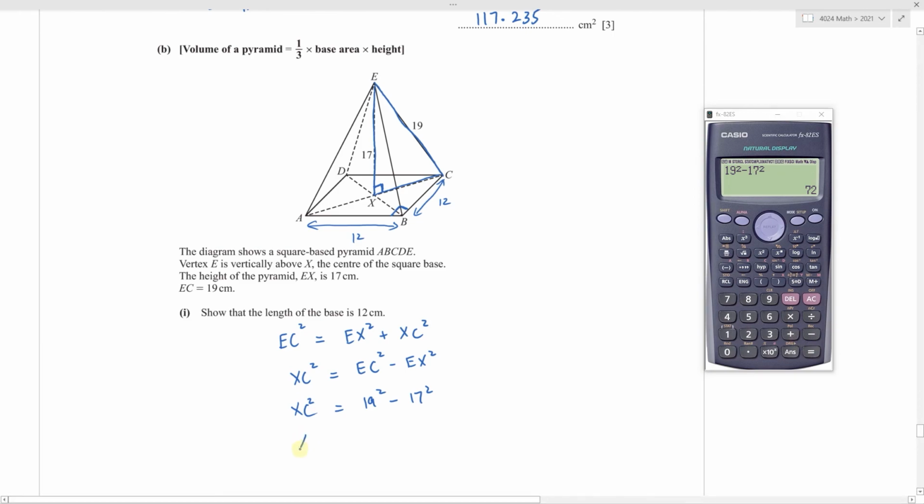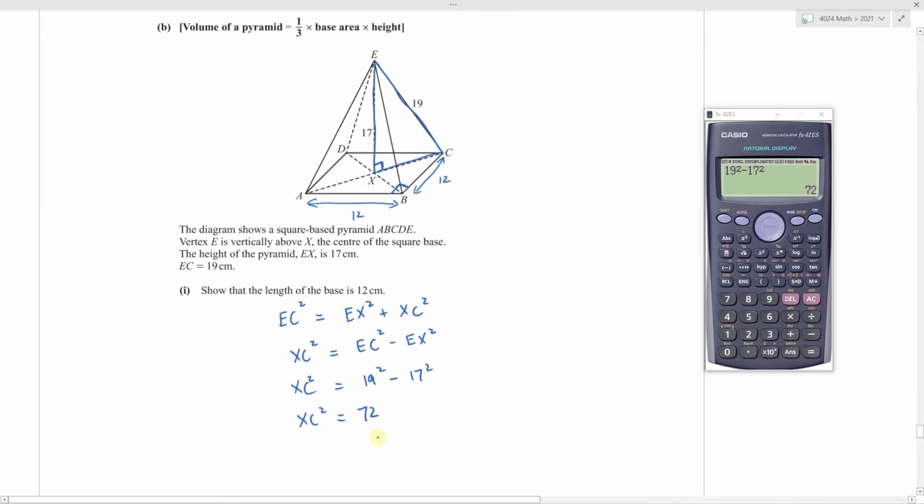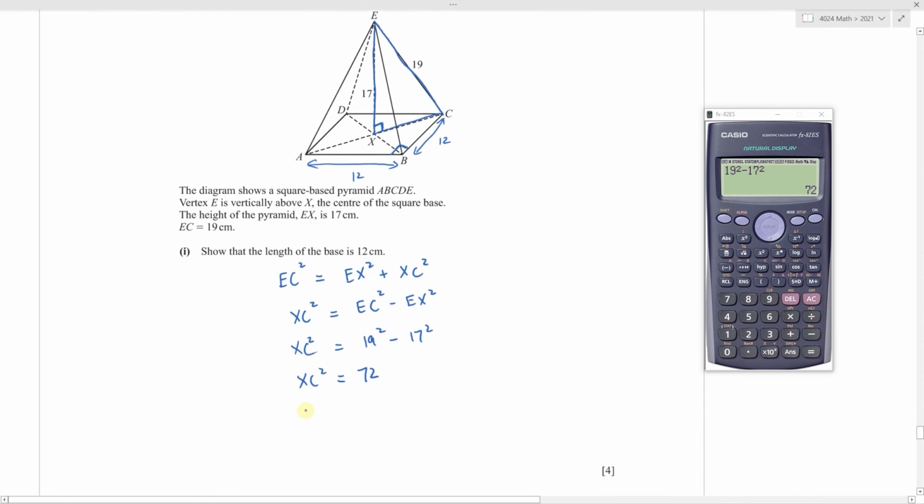This is 72. XC squared is 72, so XC equals square root of 72. So this length here is square root of 72. That means the full length is 2 times square root of 72.